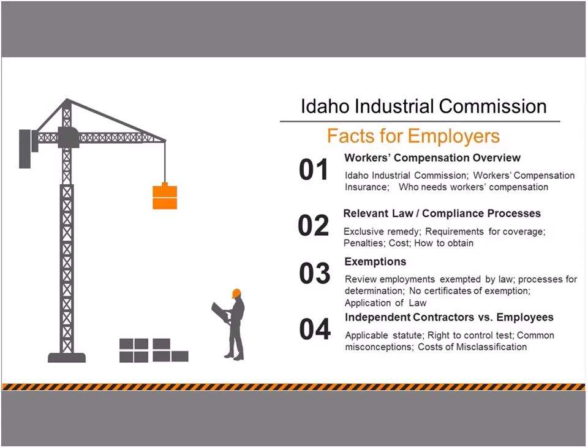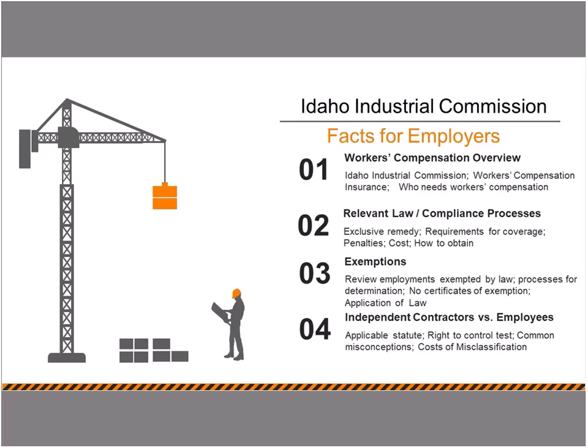So the PowerPoint will be broken down into 4 sections. The first one's going to talk about an overview of workers' compensation. So we'll talk a little bit about the Industrial Commission in general, the different departments within the Industrial Commission, workers' compensation insurance, and who needs workers' compensation insurance. The second section will talk about the relevant laws and compliance processes. We'll go briefly over some of the laws, if not we'd be here all day.